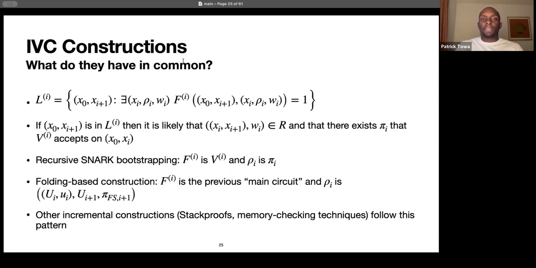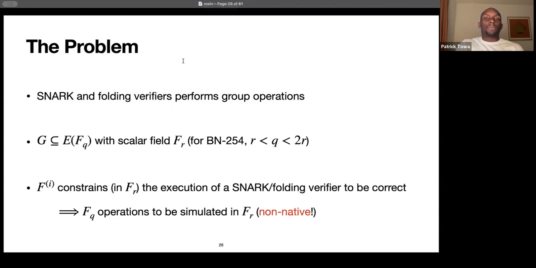So if we start from this framework, we can have a technique that applies to all the incremental constructions that we know that eventually fall into this framework. So what is the problem that we're trying to solve?